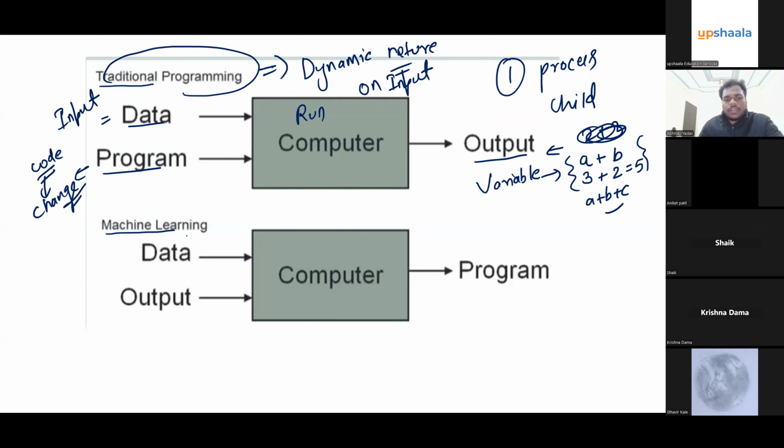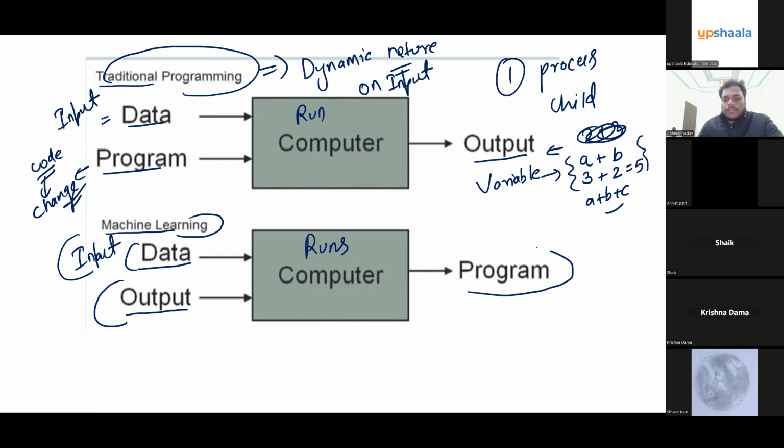Whereas in machine learning, you give the data itself as your input, and you give the output. On behalf of your input and output, it runs in your system and makes one program, and that program is called the pattern in machine learning. So we give the input, and we give the output as an input source.